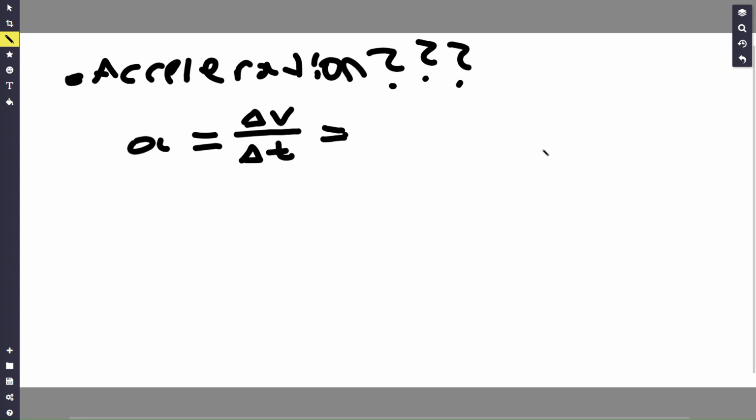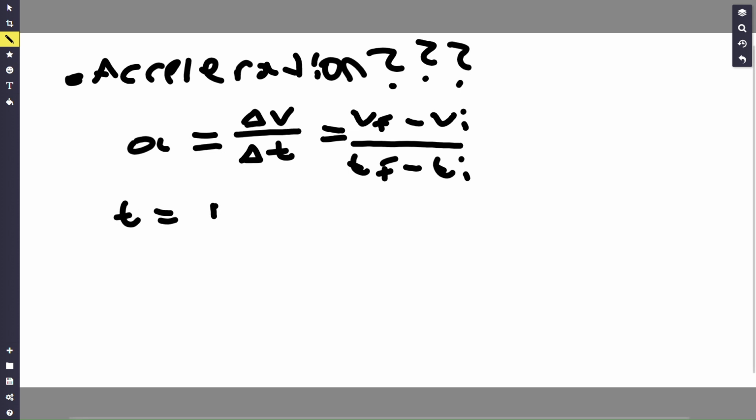And remember we said that delta v over delta t can also equal Vf, meaning final velocity, subtracted by initial velocity, divided by final time minus initial time. We don't have a final time or initial time, since our t is equal to 4, so we can plug this in for delta t.